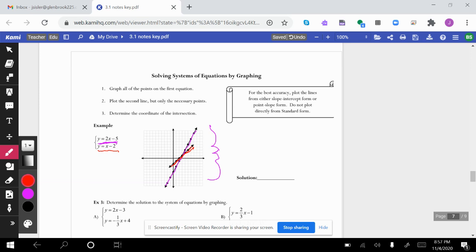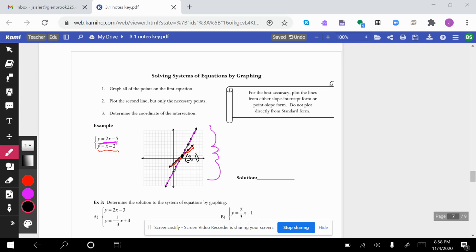What number 2 says is plot the second line, but only the necessary points. You can see that play out here. You don't need to keep graphing each of these points until you reach the end of the graph. You're just graphing a couple of points beyond where the two lines intersect, and then you're determining the point where the two lines intersect, which in this case is right here, and that point is (3, 1).